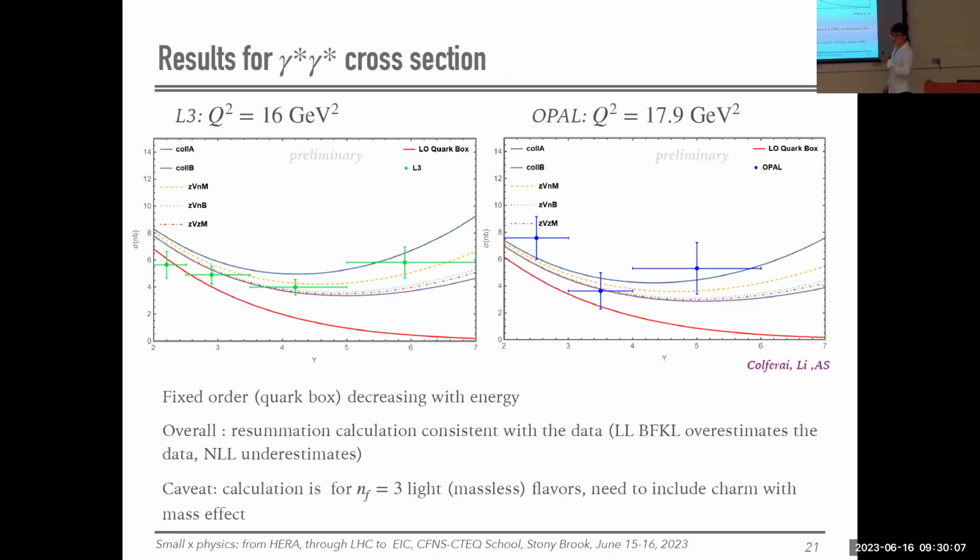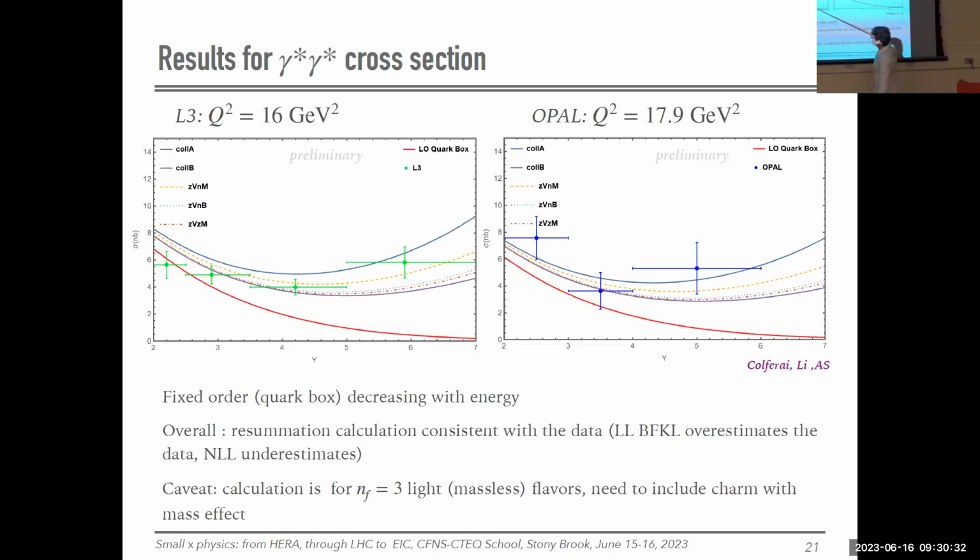This is a warm result from the oven, if you wish. So here you have data. This is for L3. They have slightly different Q squares, so this is why I'm plotting the Q square of both photons.